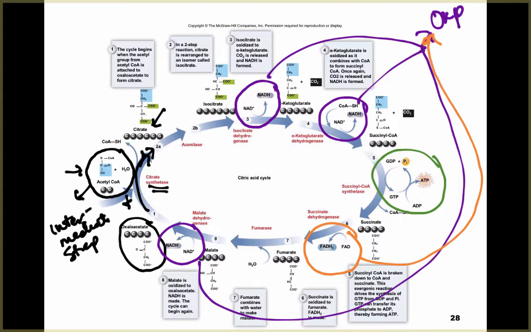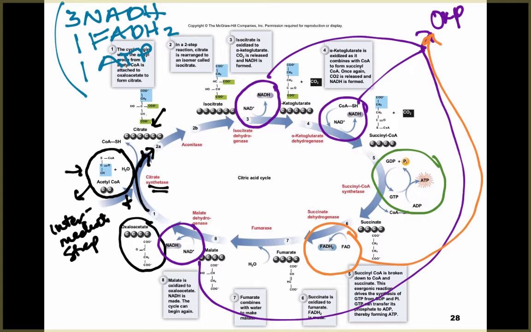So essentially, in this one circle around, you're making 3 NADHs, right? You're making 1 FADH2, and then you are making 1 ATP. This happens twice because you have 2 acetyl-CoAs coming in, right?